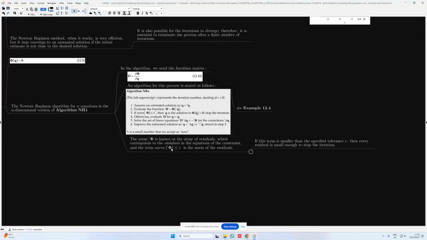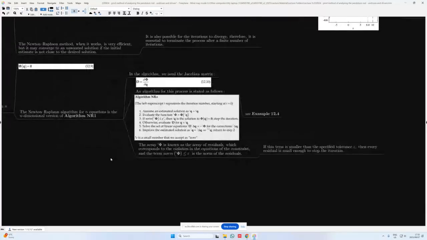And the term norm of Φ_i smaller than or equal to epsilon is the norm of the residuals. If this term is smaller than the specified tolerance epsilon, then every residual is small enough to stop the iteration. So this norm is essentially a combination of all of the errors that we make across the equations when we want to find their roots.